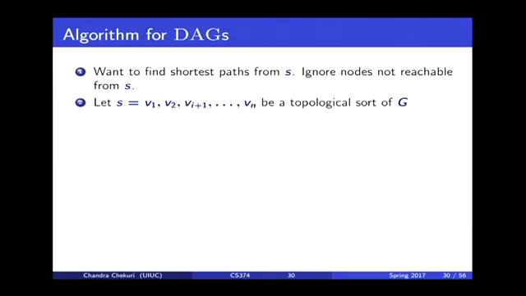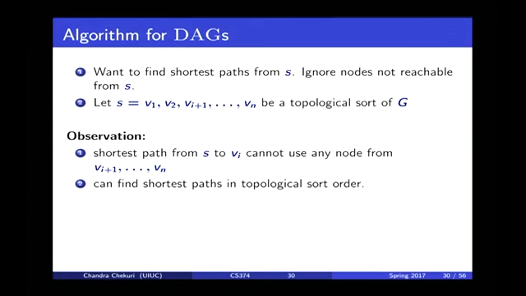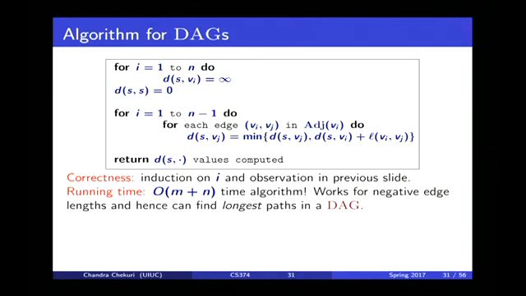So I can compute the shortest paths in increasing order of this topological sort. In fact, Vi cannot be reached by anything from V(i+1) to Vn. Forget the length, I cannot even reach Vi from the guys who are after me. So that simplifies the algorithm substantially. The shortest path from S to Vi cannot use any node from V(i+1) to Vn. So I can find the shortest paths in increasing order of this topological sort. So the algorithm is very simple. So here is the algorithm.